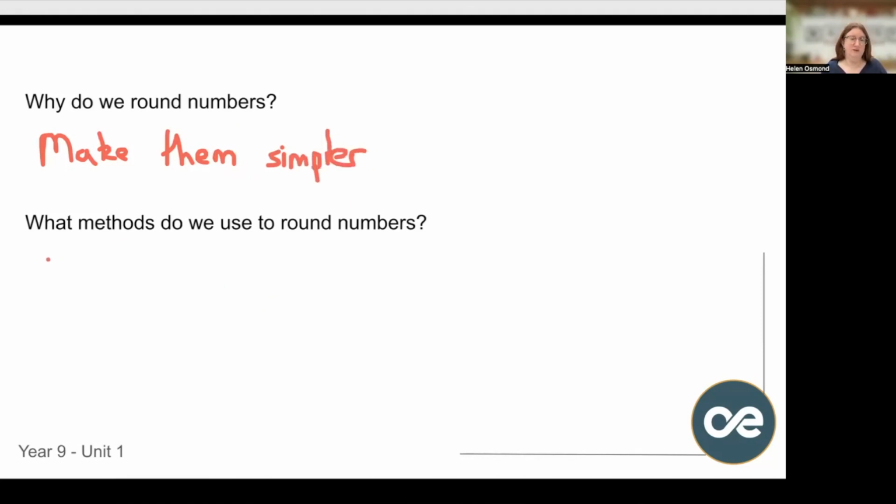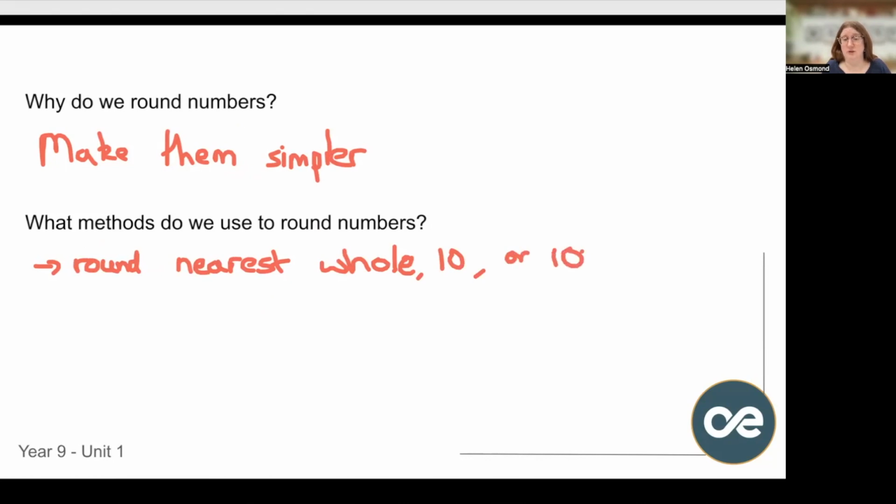Okay, we've got a lot of different methods that we use to round them. You might see questions saying to round to the nearest whole number. We might be asked to round to the nearest 10 or 100 or 1,000. You get the idea.